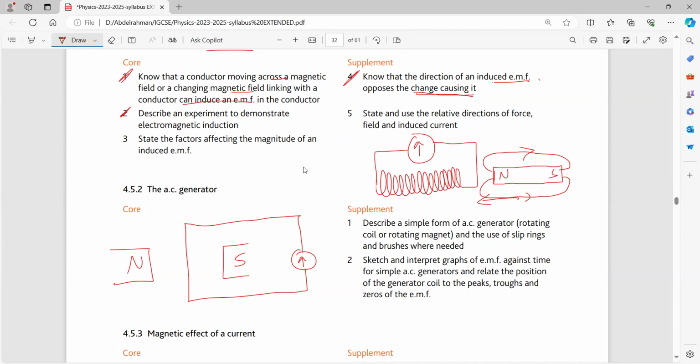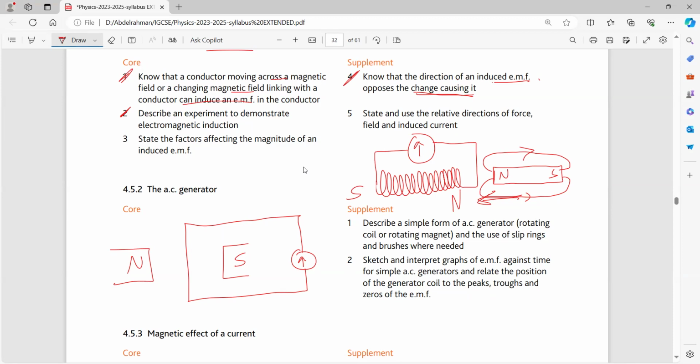If I have a magnet moving towards the coil in this direction, then the coil will become an electromagnet. The coil will become a magnet in this instant, but the magnetic field of this coil will have a north pole on this side and a south pole on the opposite side.